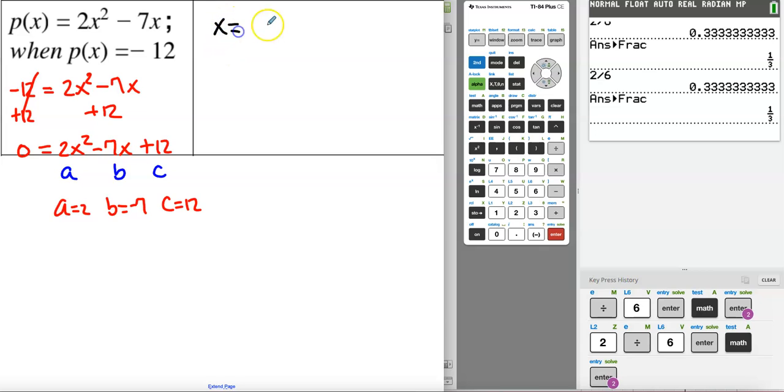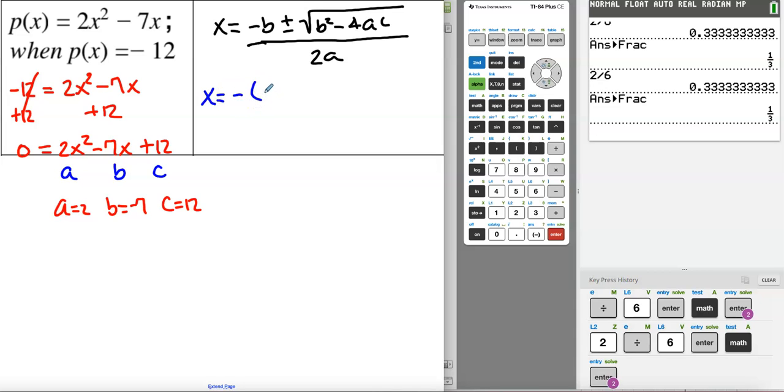So x is equal to negative b plus or minus the square root of b squared minus 4 times a times c, and all of this is divided by 2a. Please be careful how you write this so you won't mess yourself up. Okay, so x is equal to, we're substituting in, so we're going to use parentheses.